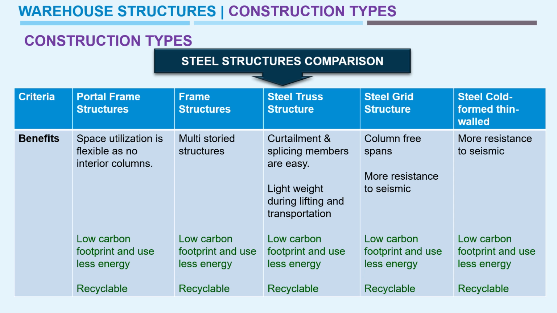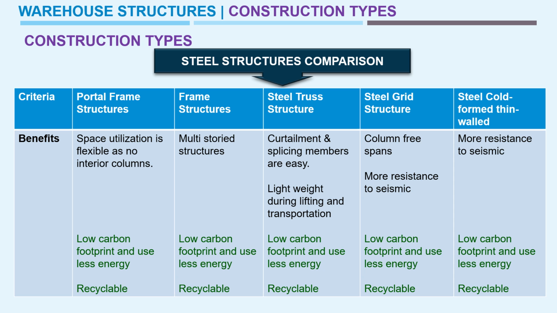And the next benefit is that it is lightweight during lifting and transportation, because the entire truss member, which is more than 20 meters or up to 50 meters, can be made in small pieces, and we can lift and transport them to the site or project location, where they can be assembled.